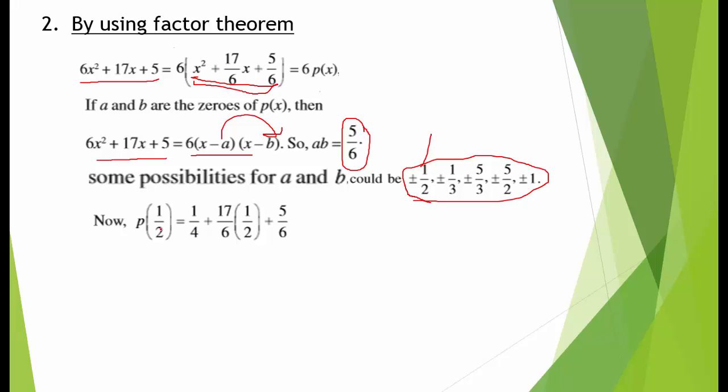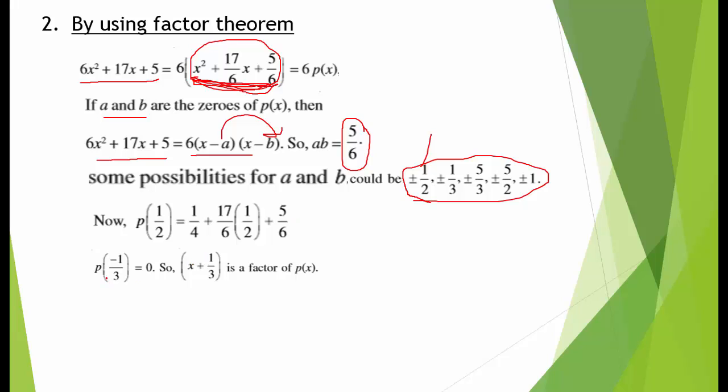This is x square. I am substituting the value here because this is my polynomial and we assume a and b are zeros of this. So consider this polynomial: 1 by 2 plus 17 by 6 into 1 by 2 plus 5 by 6. You will find this is not equal to 0.